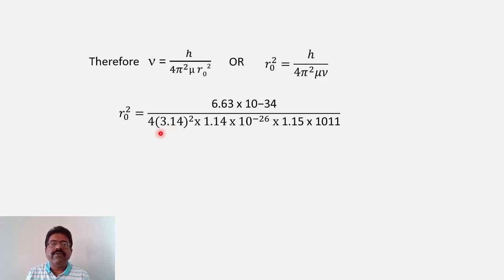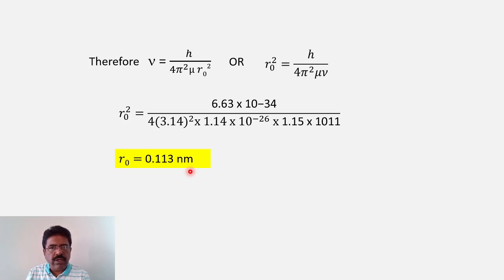Then 4 pi square, 4 into 3.14 square, into the reduced mass given to us, 1.14 into 10 raised to minus 26, into the frequency, that is 1.15 into 10 raised to 11. Remember, it should be 10 raised to 11. If you substitute and calculate all these, the bond length R0 will be equal to 0.113 nanometer.